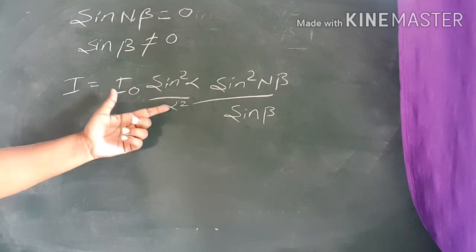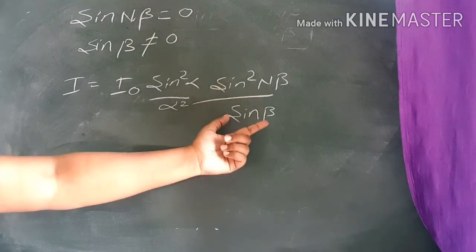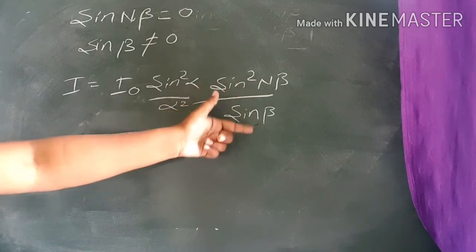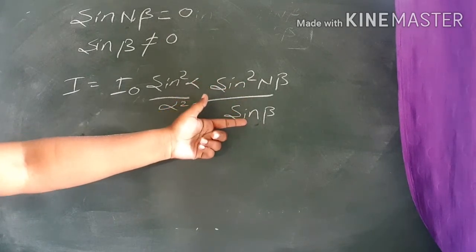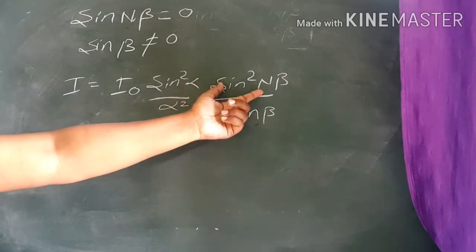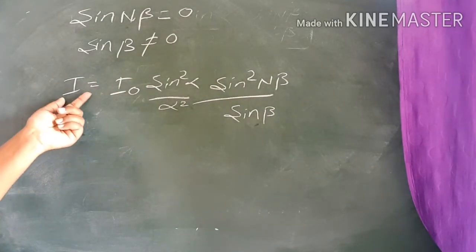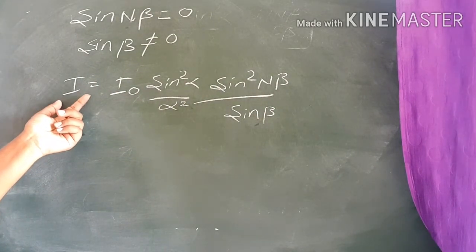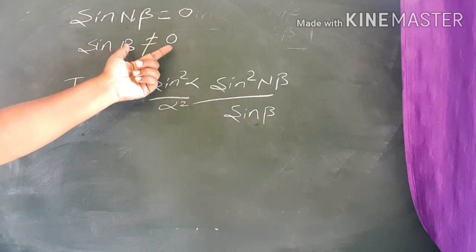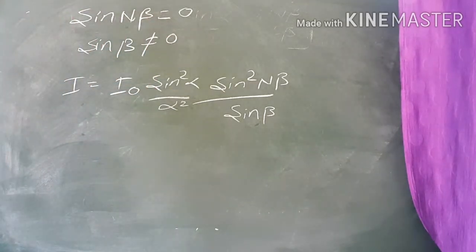Okay, and here sine n beta is equal to 0, this is equal to 0, but this is not equal to 0. Okay, if this is also 0, then the term is indeterminate, as we have discussed earlier. So in this case, if this is equal to 0, the whole term represents 0, meaning I is equal to 0. I equal to 0 means minima. So if sine n beta is equal to 0 and sine beta is not equal to 0, then this is the condition for minima.